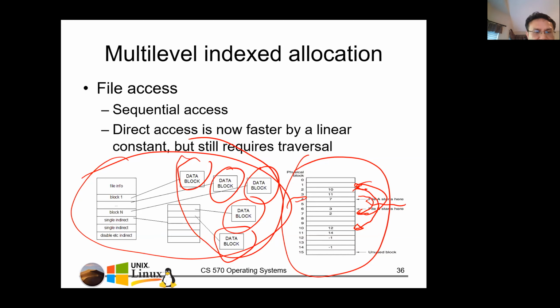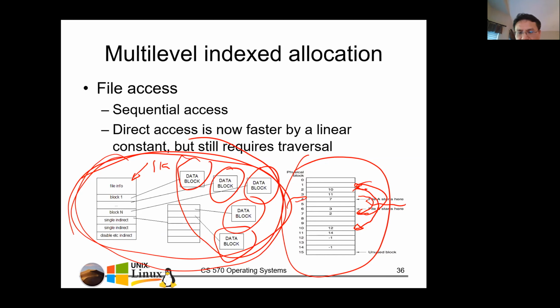With this multi-level indexing setup, with a block size of, say, 1K, you can quickly calculate which physical block corresponds to a particular position in the file, right?